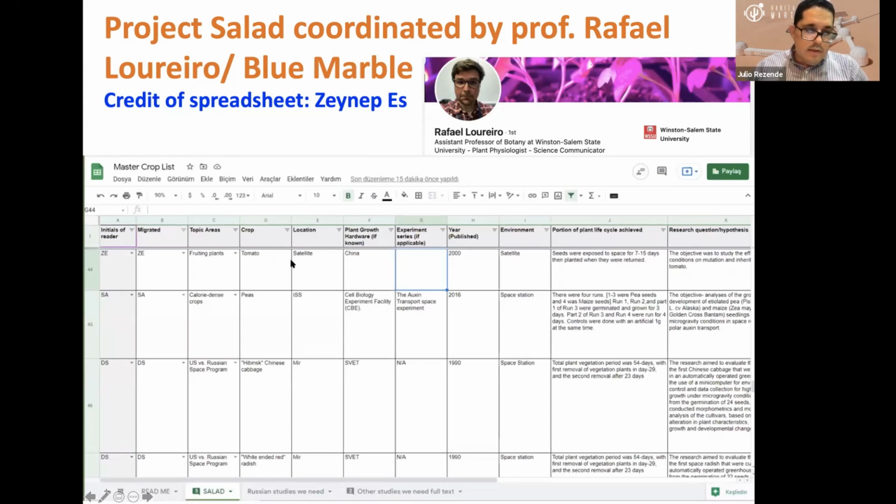different data about what plants are cultivated in space. In this case, you can see here that China cultivated tomato in a satellite. The peas were cultivated in the ISS. Also, the cabbage was cultivated in Mir.